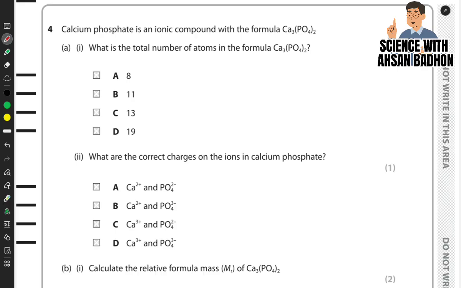The total number of atoms can be given by multiplying the number of each atom and then adding them up. So calcium is multiplied by 3 since there are 3 calcium atoms. So 3 plus, in the bracket you can give 1 for phosphorus, 4 for oxygen, and times 2 for the number after the bracket.